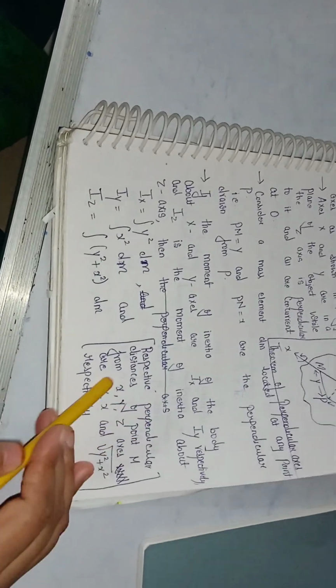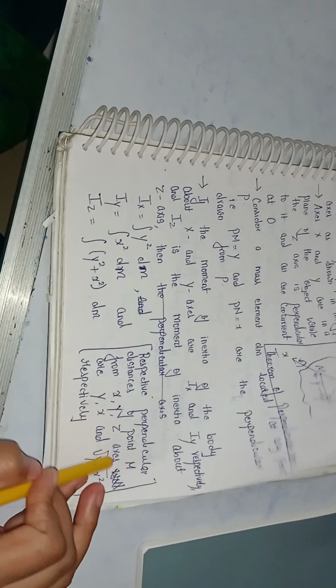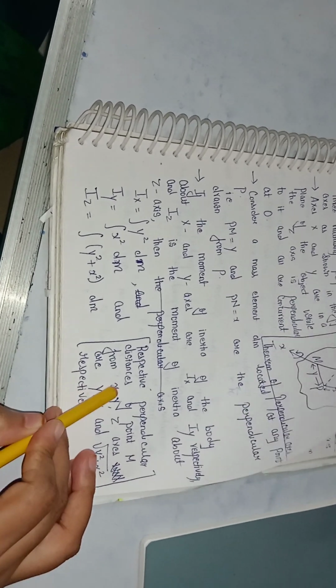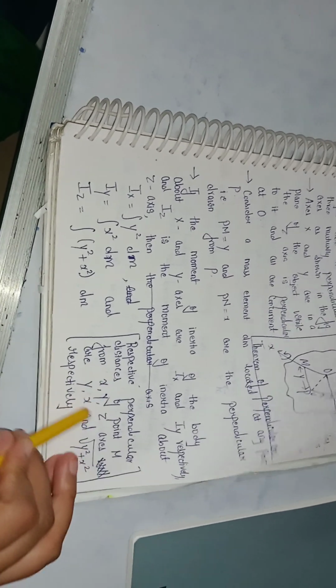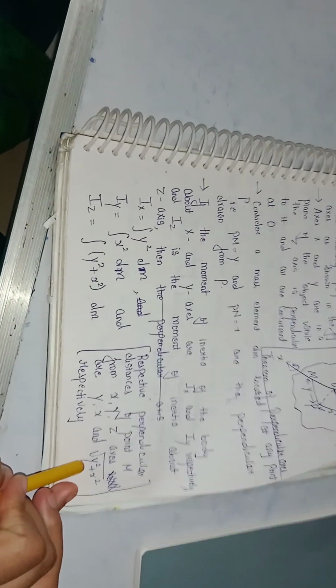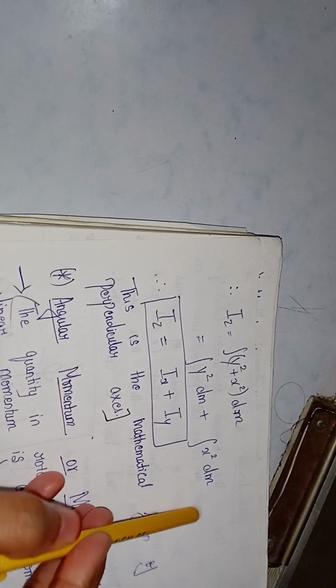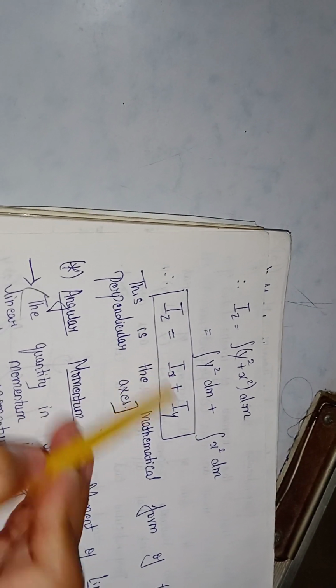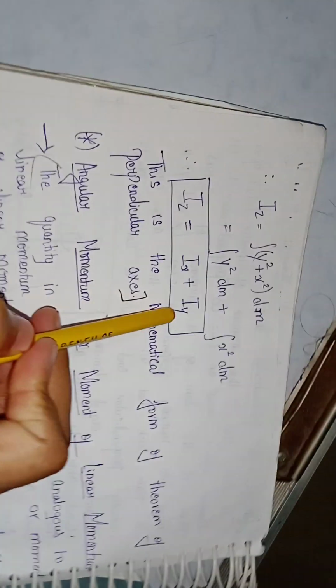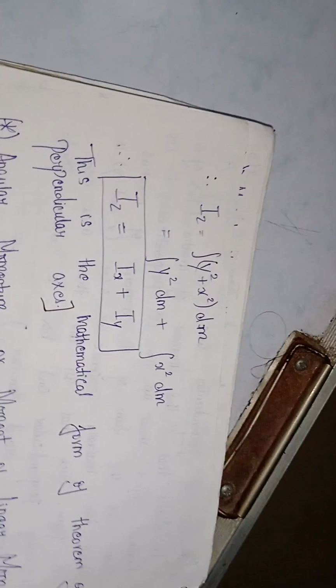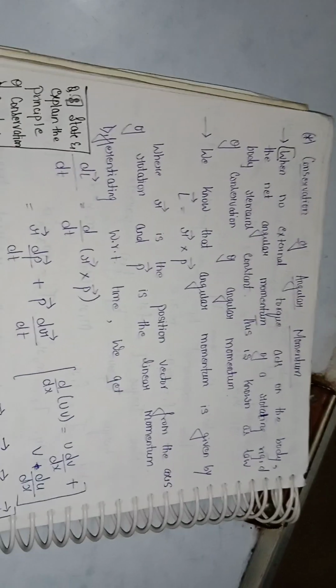The respective perpendicular distance of point m from x, y and z are y, x, and root of y square plus x square. So again you separate this and you will get this for Ix, this for Iy. So this is the mathematical form of theorem of perpendicular axis.